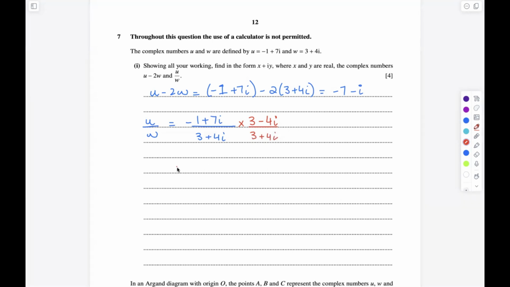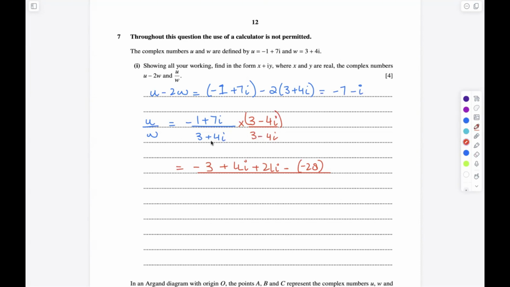Simplifying the numerator, we'll get -1 times 3, that will be -3, plus 4i. 7 times 3 is 21, so that will become plus 21i. And 7 times 4 is 28, and i squared is -1, so that will become minus 28. Divided by, in the denominator, we'll have 3 + 4i times 3 - 4i, so this will become (3 + 4i)(3 - 4i).